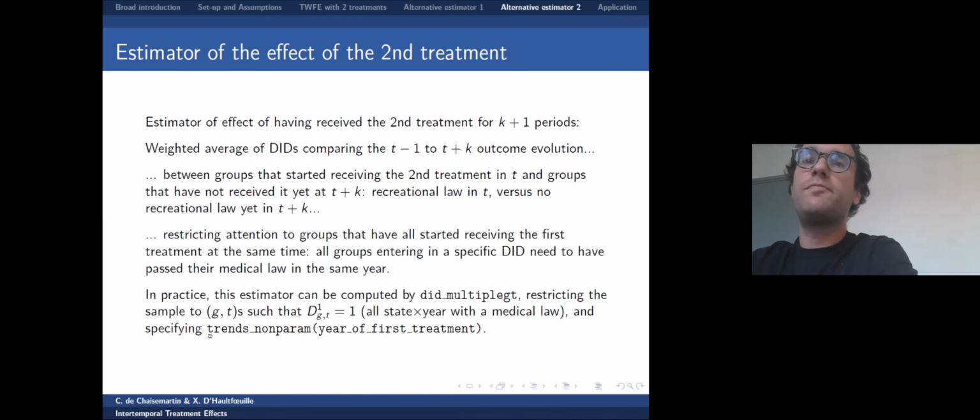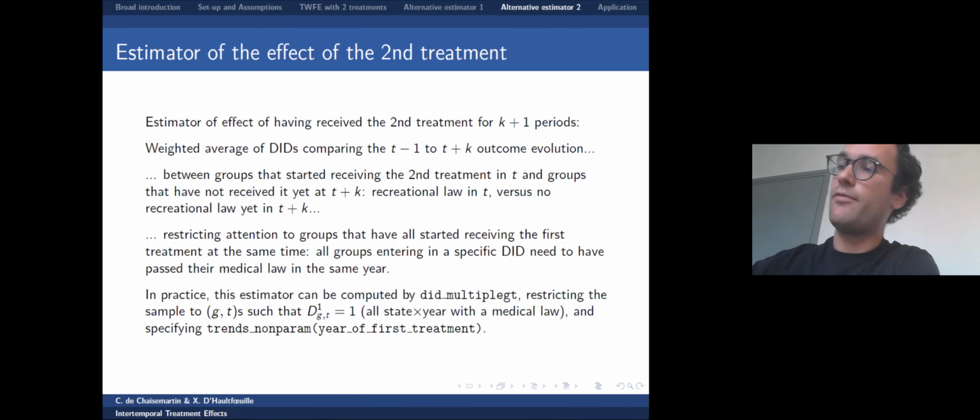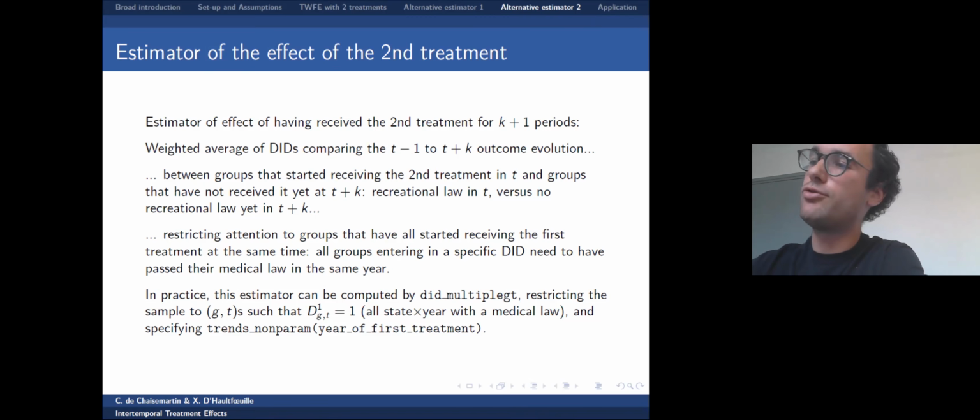And then you need to specify the trans non-param option with the year of the first treatment as an input to that option. And that's going to ensure that, for instance, when you are going to estimate the effect of the recreational law for Colorado that passed its recreational law in 2012, you're only going to use as control states those that passed their medical law in the same year as Colorado.